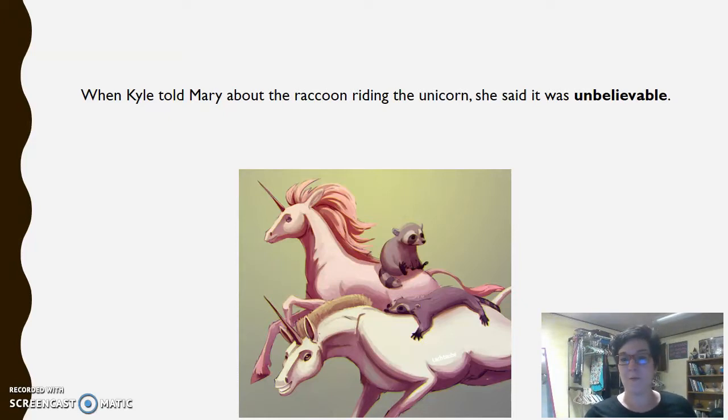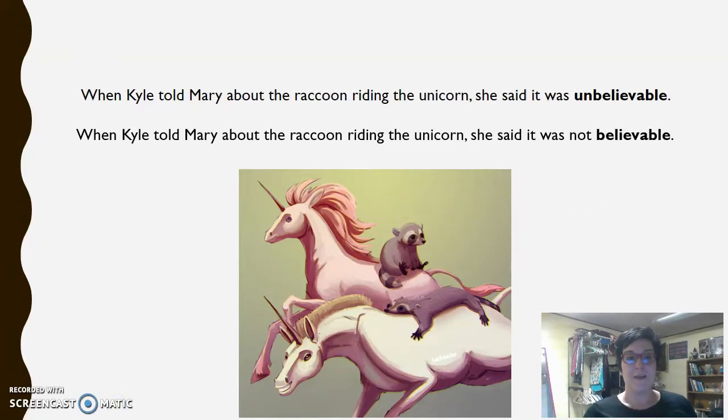Un, we learned before, and by looking at our poster, that we know that un means not. So unbelievable means not believable. We put that together to reread it with our clues. It says, when Kyle told Mary about the raccoon riding the unicorn, she said it was not believable. And then we have to go through and see if that makes sense. And that does make sense. Who could believe a raccoon riding a unicorn?